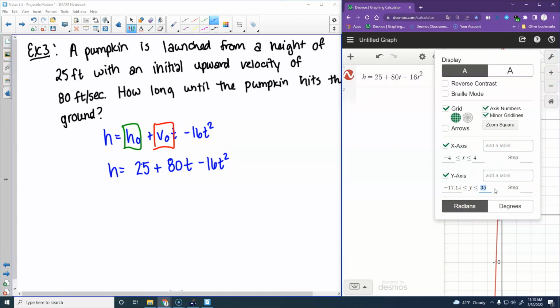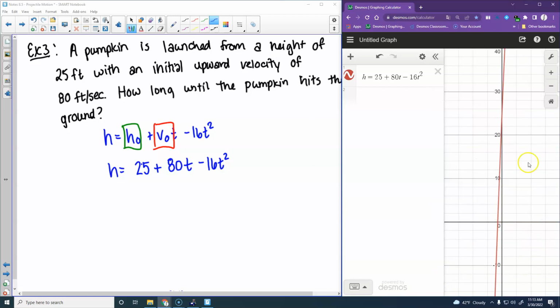What do you guys think I should try for my y? Somebody give me a guess. What do you want to try, Julian? How high do you think I should make this? It's at 35 right now. Didn't change much.